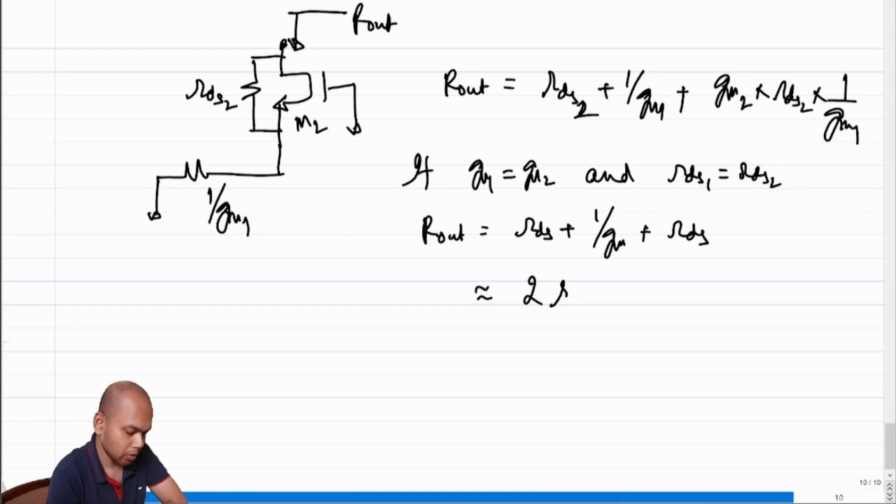Okay, so what does the Norton equivalent of our structure reduce to?